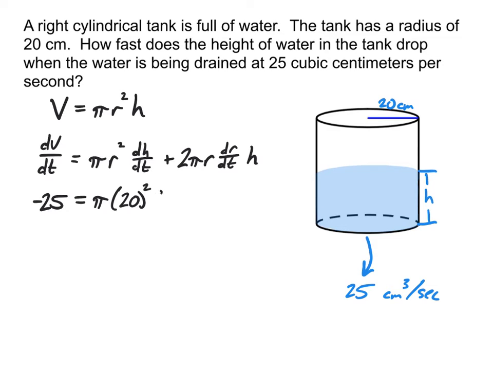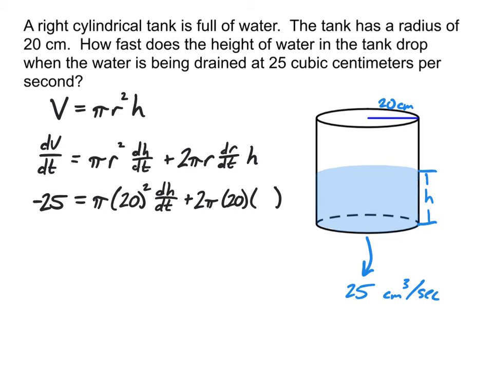And then dh over dt, that's actually what we're trying to figure out here, how quickly the height of the water is changing. That's dh over dt. All right, so then plus 2 pi, again put the 20 in for r, times dr over dt, and then times the h.